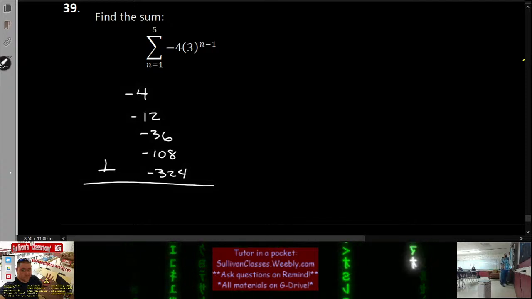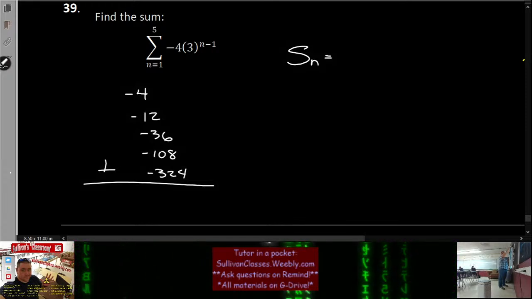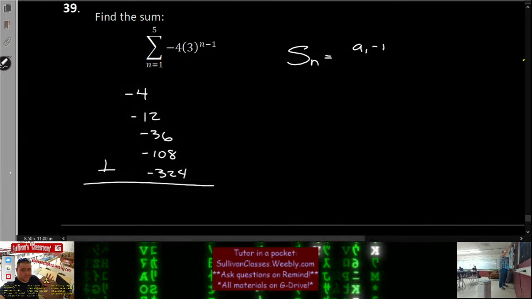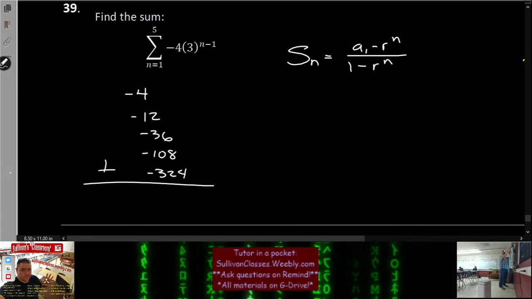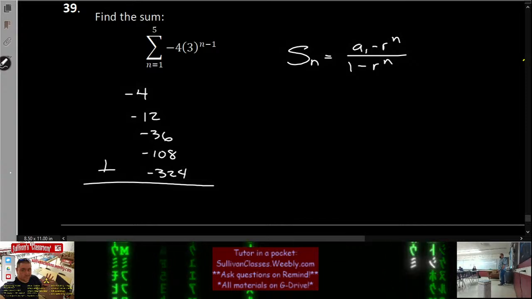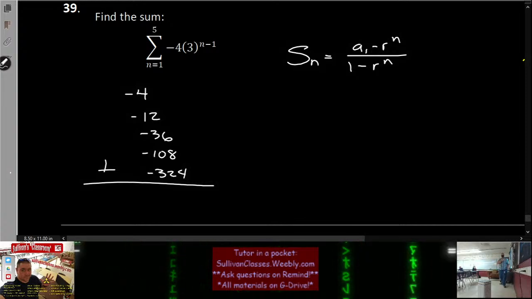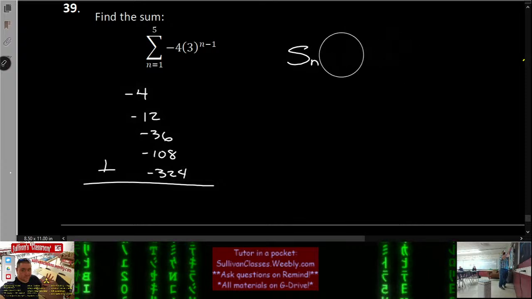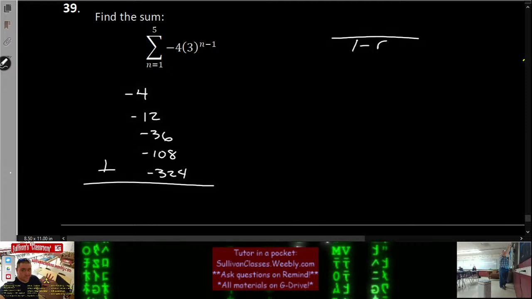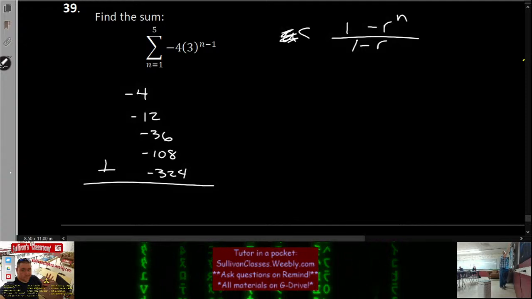But there's also formulas. S sub n is, let's see if we can remember everything here. A sub 1 times, what is it, 1 minus r to the n, and then over 1 minus r? Someone better have notes out. Is that formula correct?